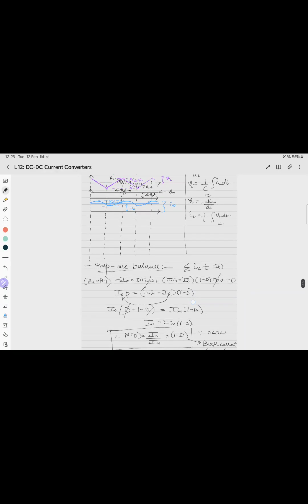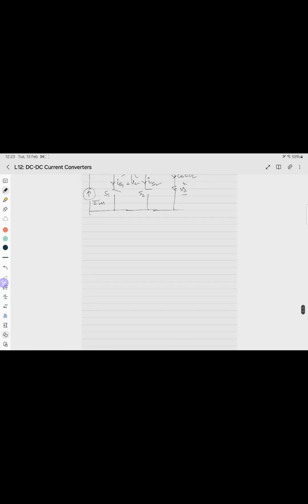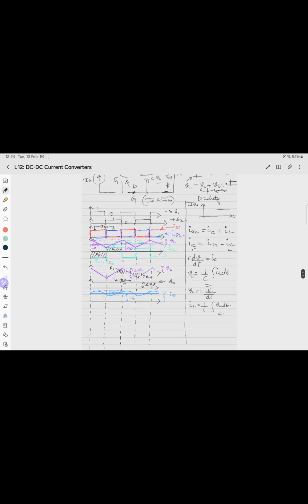So let's start with the switching pulse. This is for S1, S2: 1, 1, 0, 0. Now I just have to bring them down.